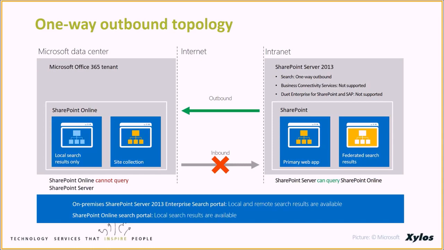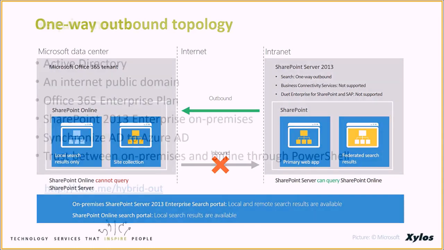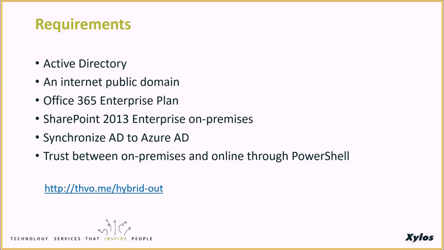It's really straightforward. It's not very complicated to configure. So what you need, of course, you need an Active Directory because, well, you need SharePoint, and then you need an Active Directory, and again, an Internet public domain, an Office Enterprise plan, and SharePoint on-premises, like I already told you, and you need a trust, and that is the most important thing, a trust between your on-premises and your SharePoint Online farm.